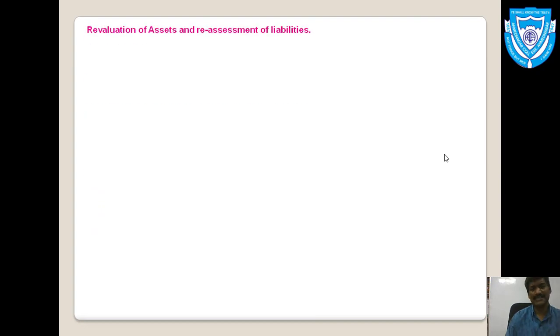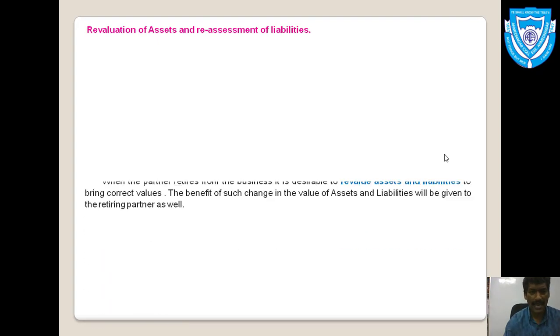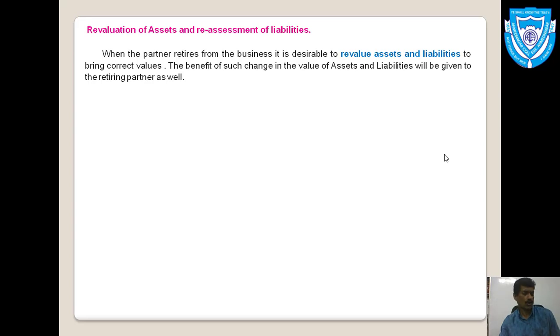revaluation of assets and reassessment of liabilities. Friends, in admission of partners, you have seen what is a revaluation account. Revaluation account, or we can call it a profit and loss adjustment account. Let us see here again, when the partner retires from the business, it is desirable to revalue assets and liabilities to bring them to their correct values, and such benefit or change in the value of assets and liabilities will be given to the retiring partner also.